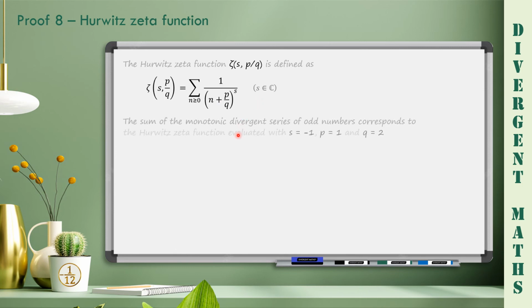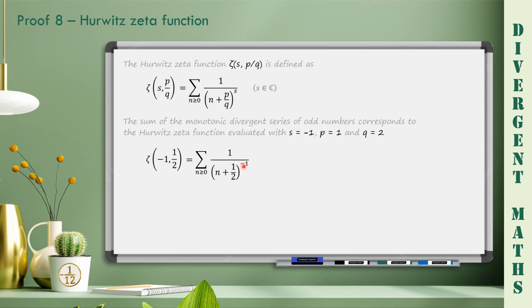So the sum of the monotonic divergent series of odd numbers is not equal to, but corresponds to, the Hurwitz zeta function evaluated with s equal -1, p equal 1, q equal 2. In other words, s equal -1, p over q equal 1/2. So let's write it down. Zeta of -1, 1/2 is equal to the sum from n equals 0 to infinity of 1 over (n plus 1/2) to the -1.